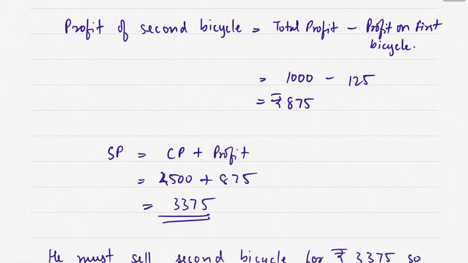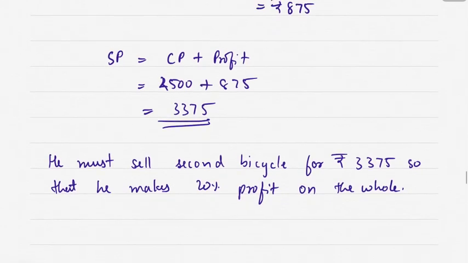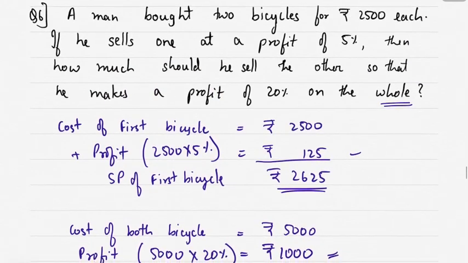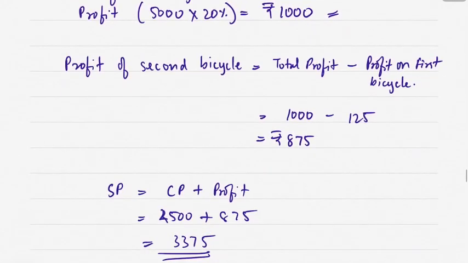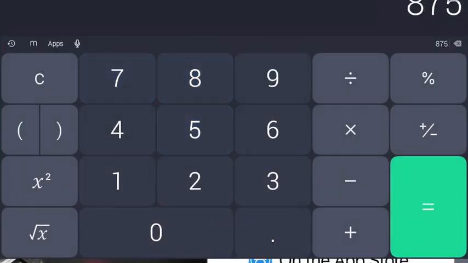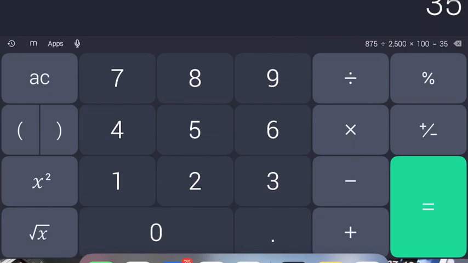Okay. If you want to find the profit percentage of the second bicycle, that also you can do. That would be 875 divided by 2500 into 100, which is 35%.